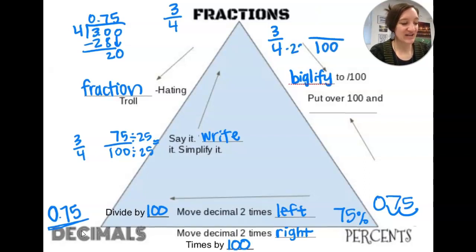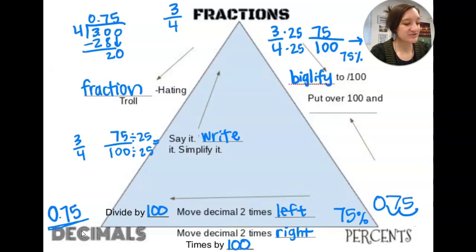I can do that by timesing by 25. And if I times the bottom by 25, I have to times the top by 25 to keep the fraction equivalent, correct? So 3 times 25 is 75. And then 75 over 100 is 75%. Very cool, huh?